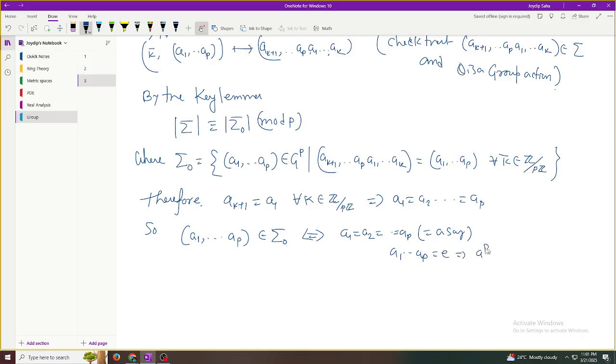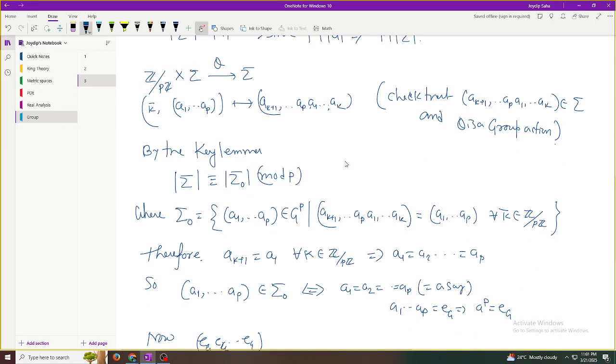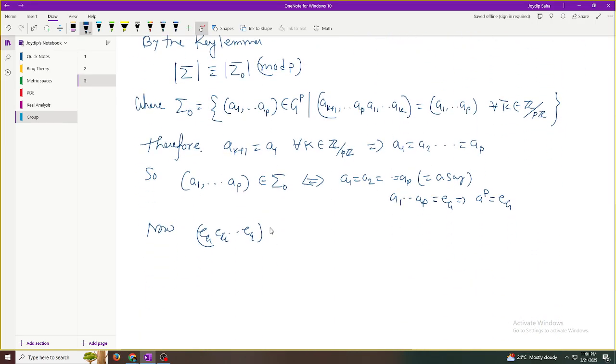That means a to the power p equals the identity. Now the identity of G, that is the identity tuple, belongs to sigma 0.